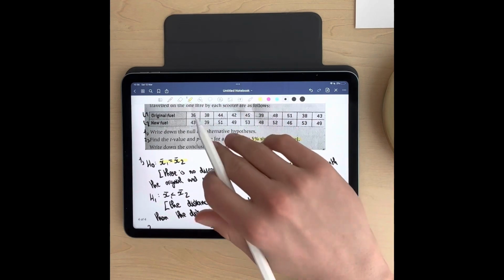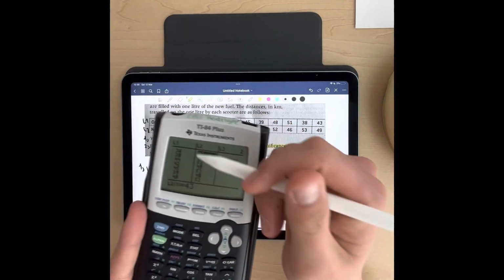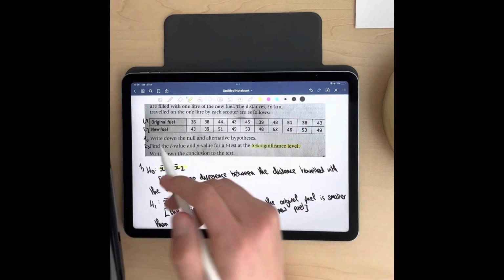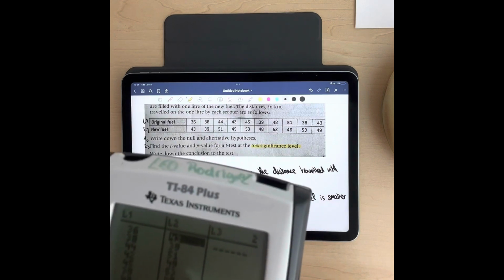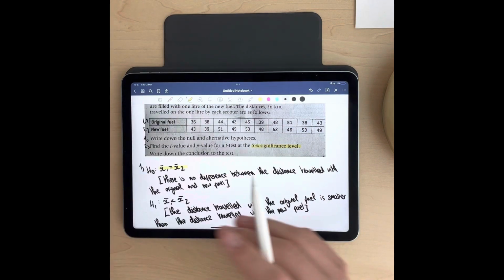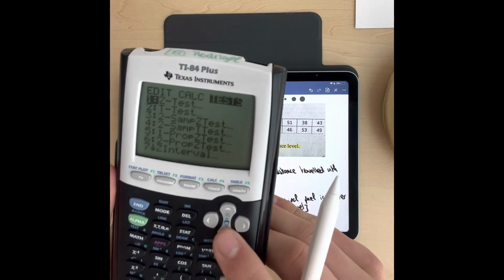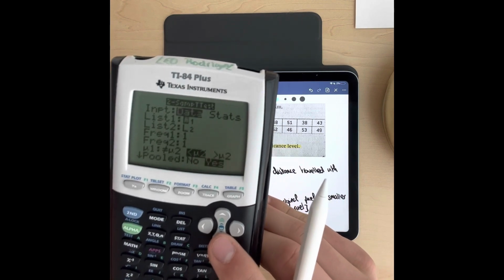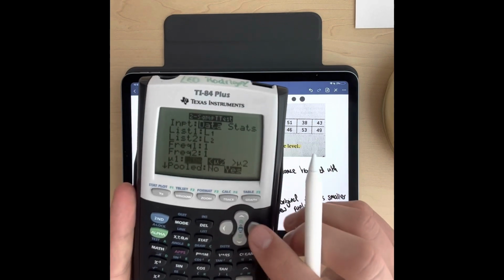Okay, so like before, we want to go to stat, edit, and include the numbers. So L1 will put original fuel and L2 will put new fuel. So you can see the values here, right? Now you go to stat, calc, and once more you go to two sample t-test, and we're trying to prove that U1 becomes smaller than U2.